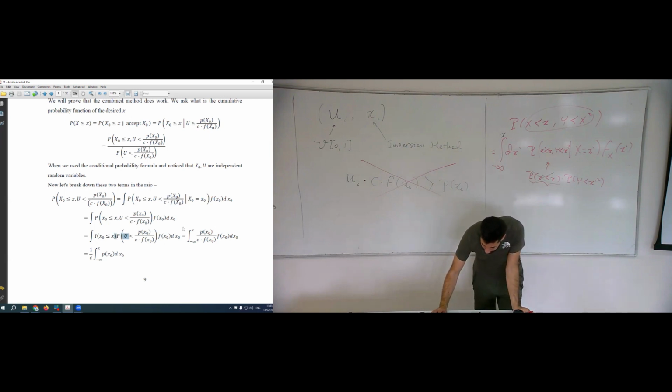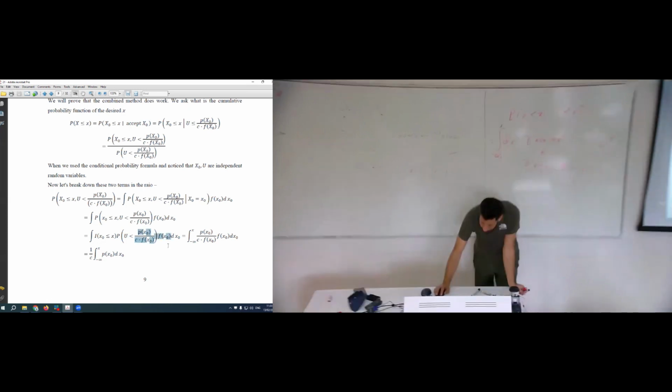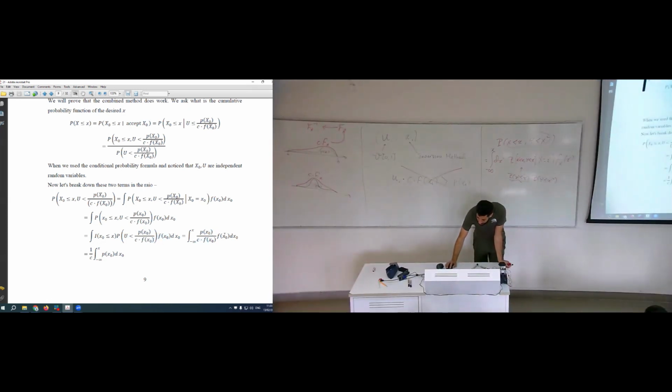We have then the integration from minus infinity to x over this probability. And this probability, because u is uniform, so the probability of u being smaller than alpha is the alpha itself. So that's it. And this f cancels out with this f. And we are left with the integration over p and this multiplicative factor outside.